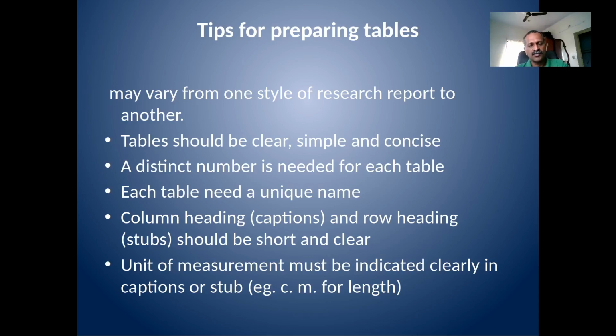So the statistical method and the contents of the table should be reflected in the name. Then the column headings we call captions, and the row headings we call stubs. They should be short and clear. For example, captions are the column headings on the upper end.